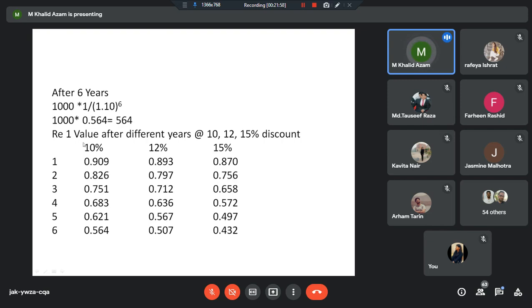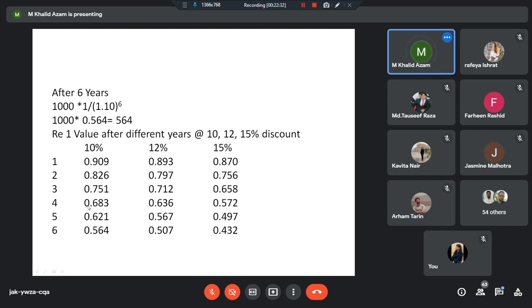Similarly, in the third year at 10%, 0.751, and at 12% it has further reduced to 0.712. So the rate has increased, period is same, value has reduced further. And now see at the 15% rate, from 0.712, it has reduced to 0.658.